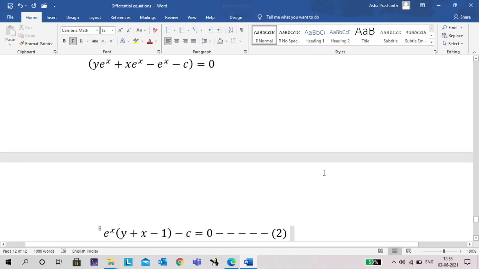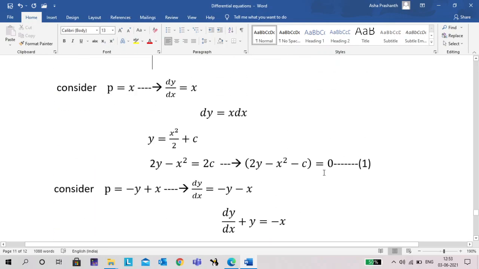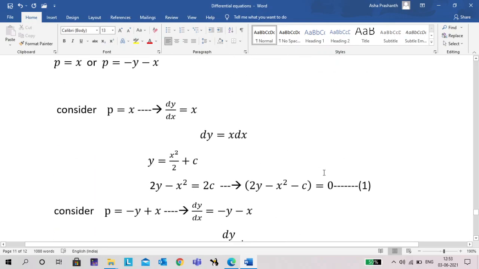I hope you all understand the method. The method is very simple. It is a non-linear differential equation. Non-linear means dy by dx has a power. After that, this can be written as factors of p.